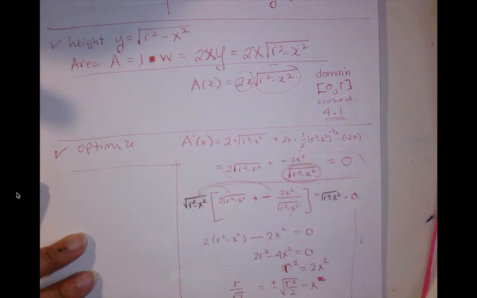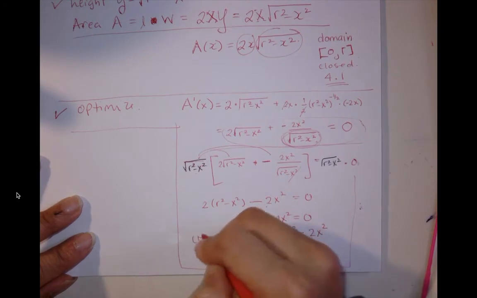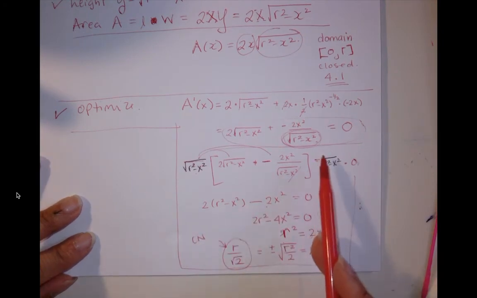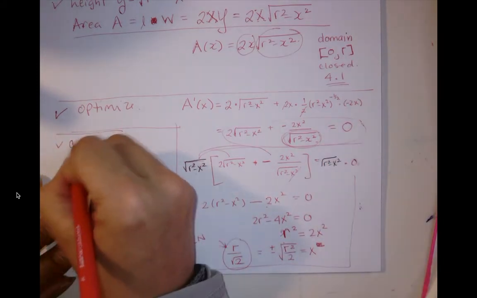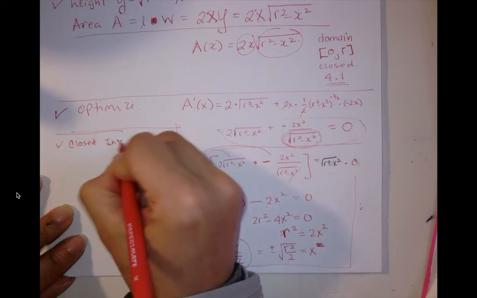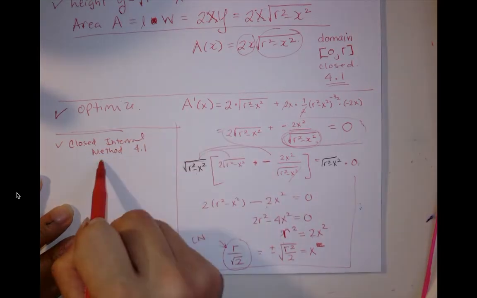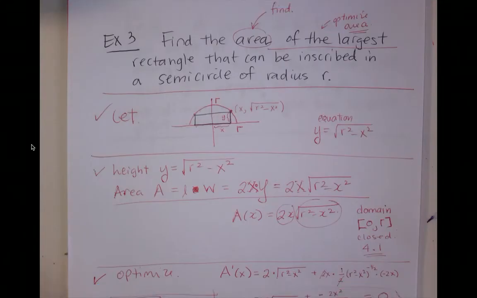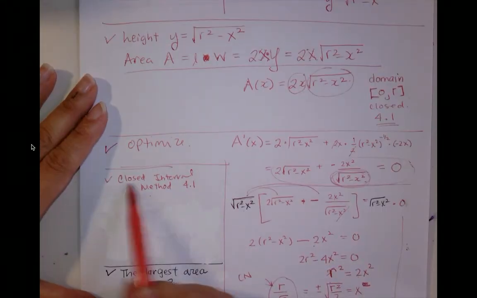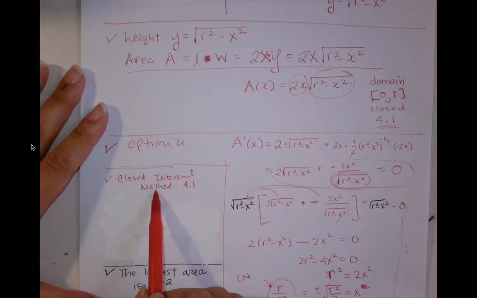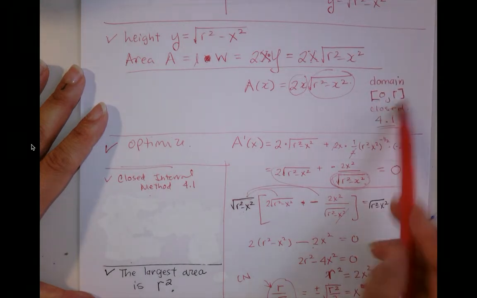So this is my critical number. This is where the derivative is equal to 0. Since the original interval is closed, I can use the closed interval method from section 4.1 to find the absolute max and min of this function, because the domain can be seen as this closed interval.